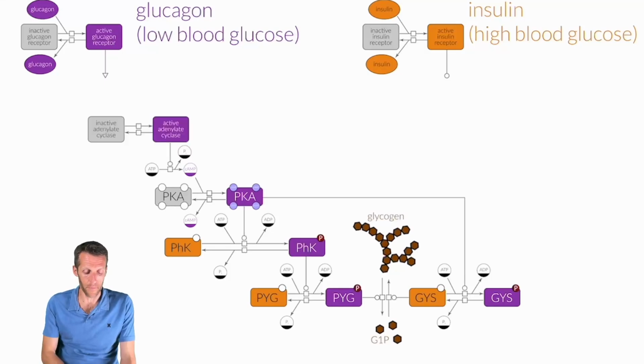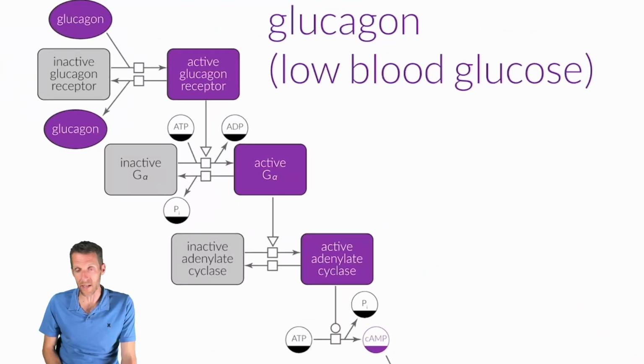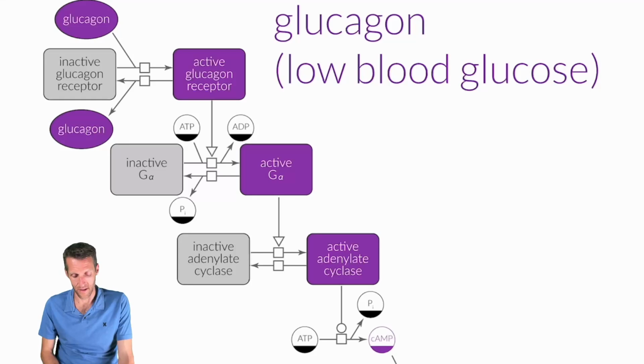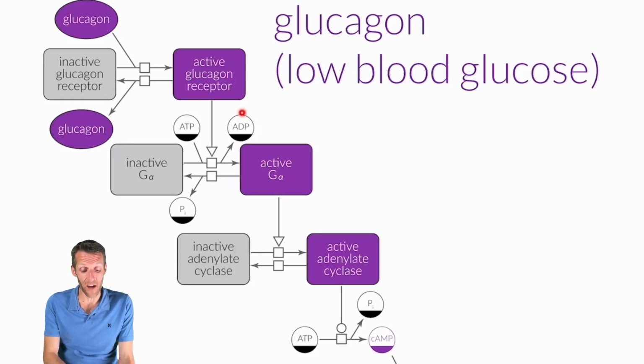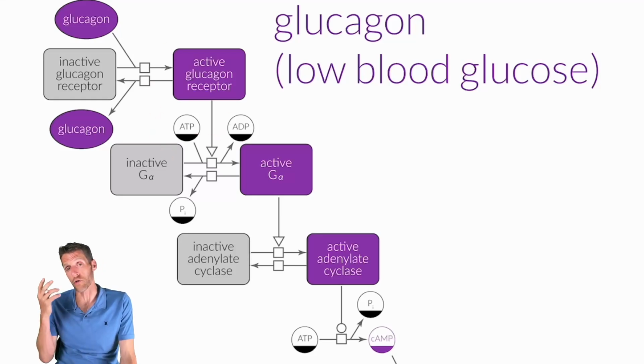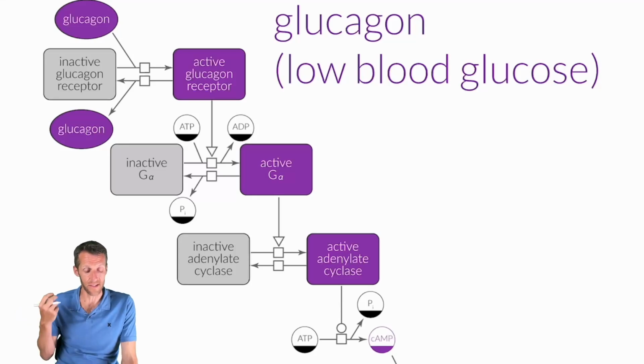Well, oops, wrong way. It turns out it's this protein called G-alpha. And what causes G-alpha to activate? It turns out it's the active glucagon receptor. In fact, if you watch my videos about allostery, we talked about how G proteins are activated by GPCRs, G protein coupled receptors.